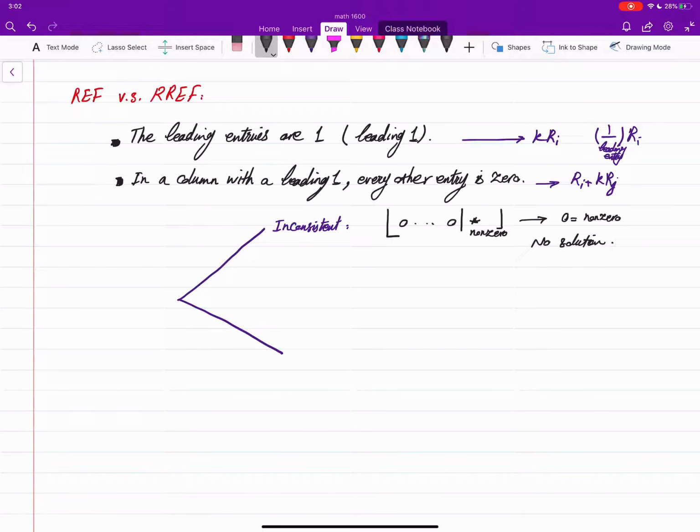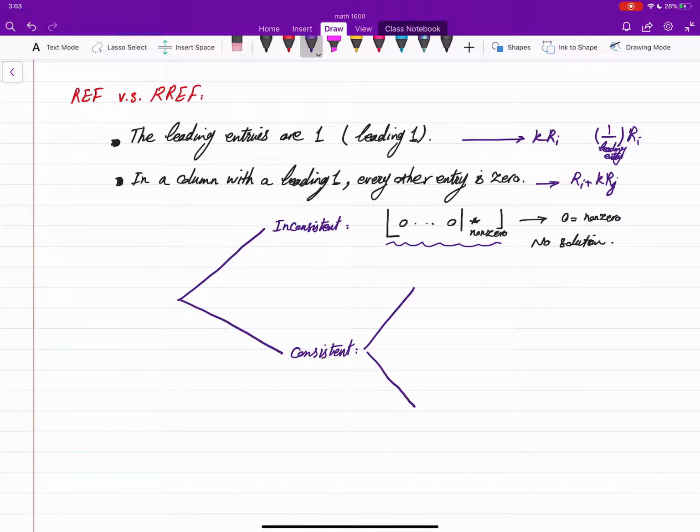There is something wrong with this system, and it means that no solution exists. If there is a solution, either one or infinitely many, we call it consistent. To check if a system is consistent or not, you just need to check if there is any row of this form. If all the zero rows also have a 0 entry on the right-hand side, then it is consistent. Now, the consistent case also has two different cases.